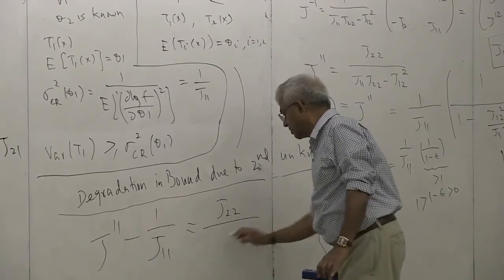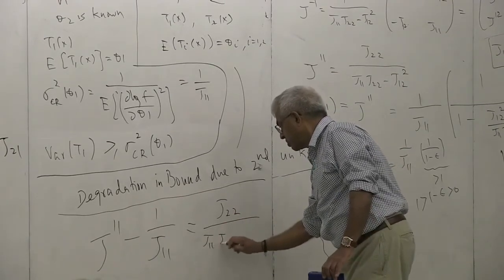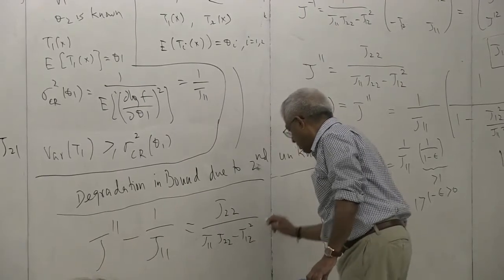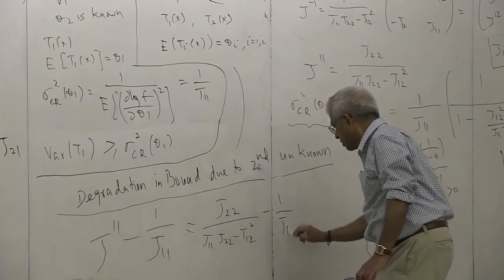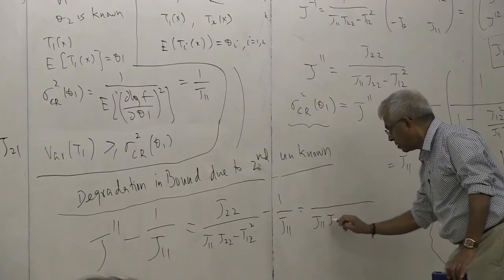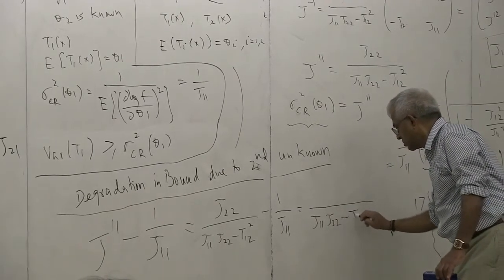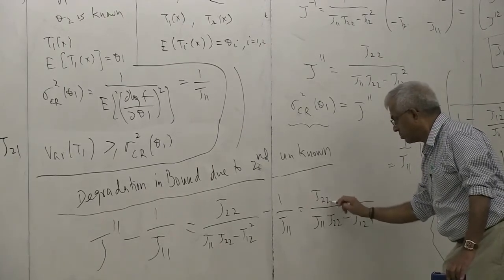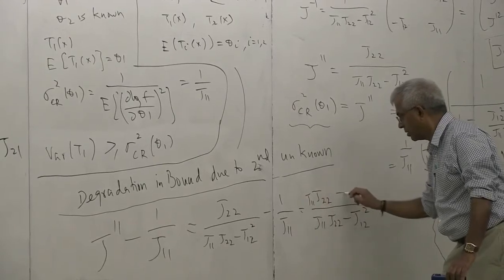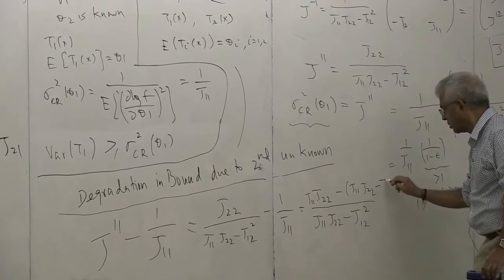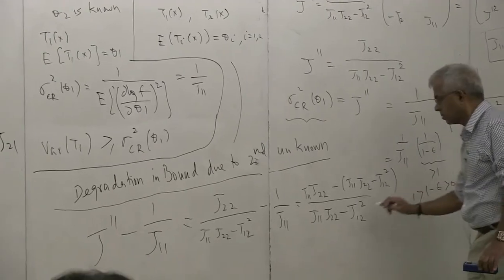J22 minus J12 squared over J11. So if you bring it under the same denominator, you have J11 J22 minus J12 squared, so you have J22 J11 minus J12 squared.